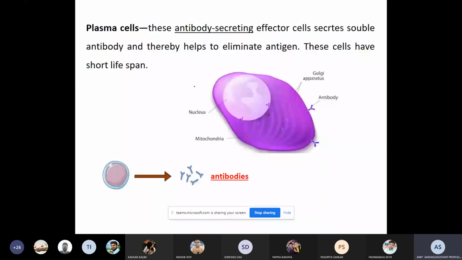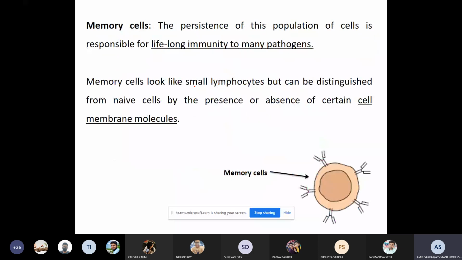The effector or plasma cell is responsible for secreting antibodies, and the memory cell is responsible for lifelong immunity to different types of pathogens. And now we're seeing how you can distinguish between these types of cells based on their cell membrane molecules.